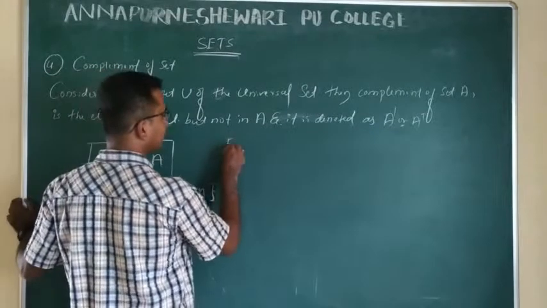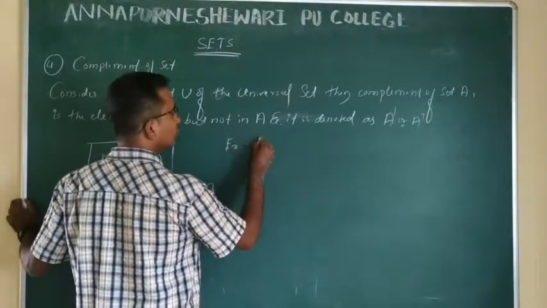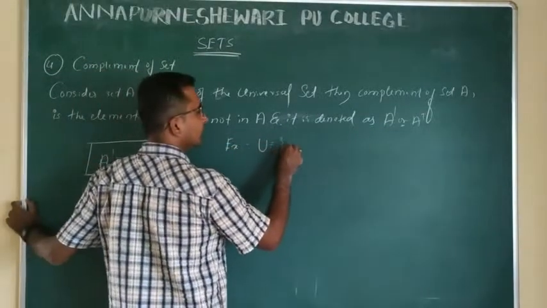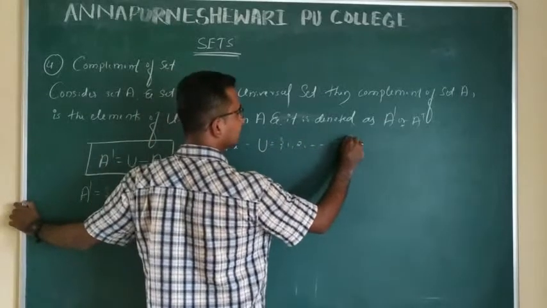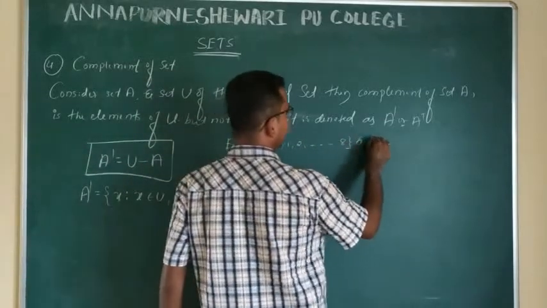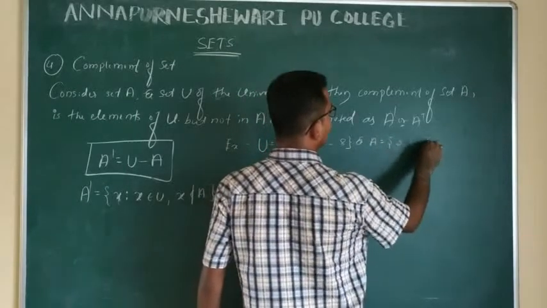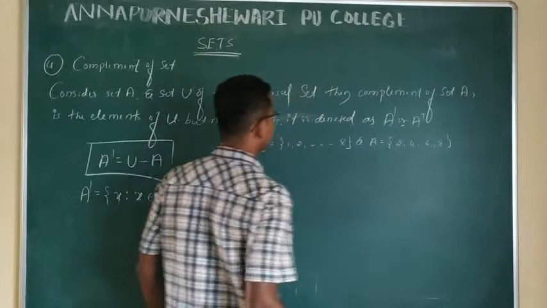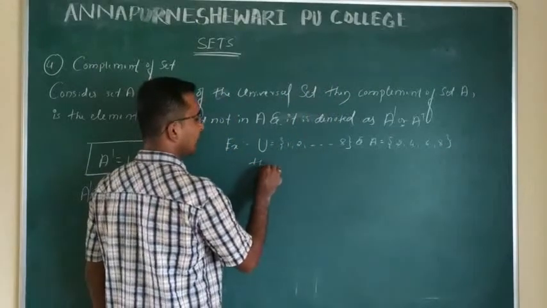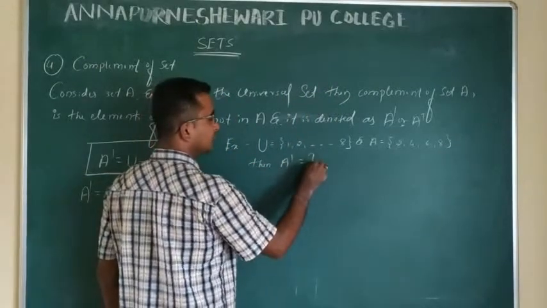Example. U is 1 to 8, I will take. And A is equal to 2, 4, 6, 8, I will take. Then A dash is what?